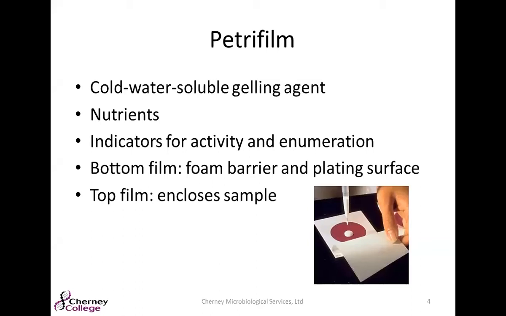And that plating surface is composed of nutrients that are going to be specific to each type of Petrifilm that are going to help that type of bacteria grow, as well as indicators that are going to help you enumerate the bacteria present on that Petrifilm. And it also consists of a gelling agent, which helps so your sample will solidify and won't run off the Petrifilm plate.